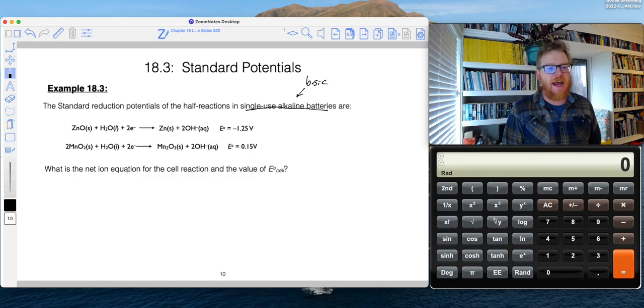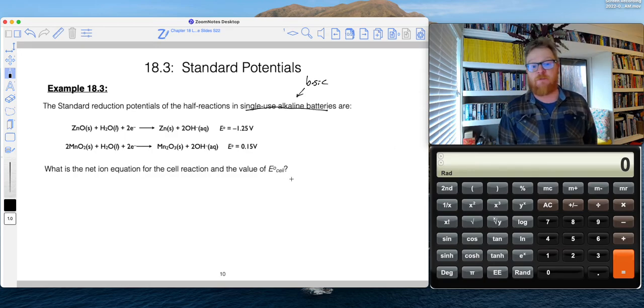So what is the net ionic equation for the cell reaction and the value of E cell? Well, I'm going to show you two ways to do this. We remember that E cell is E cathode minus E anode.